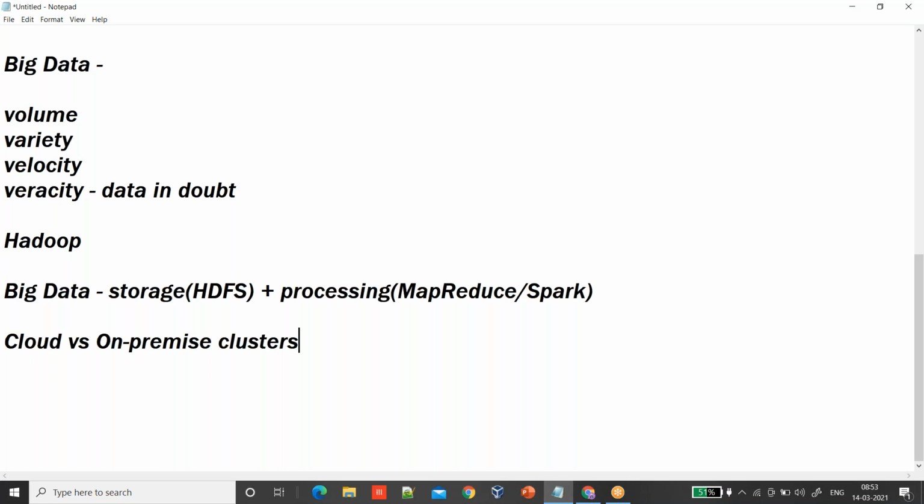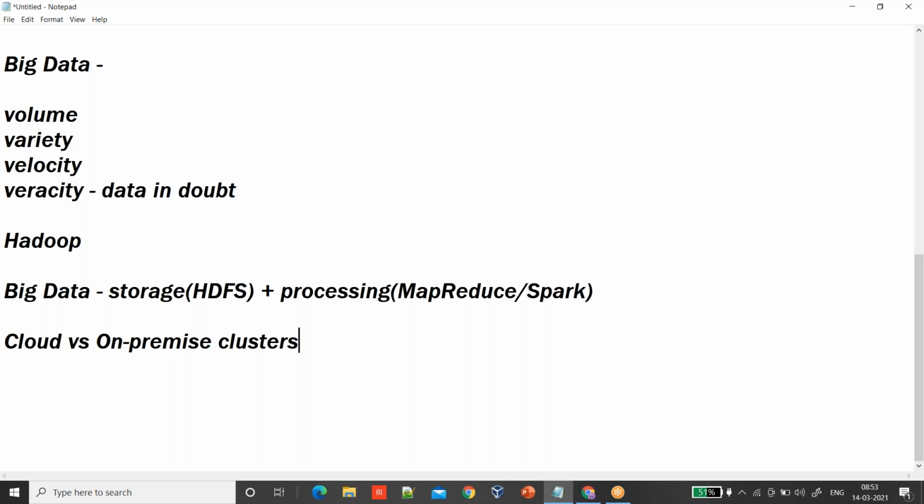So you go and procure some infrastructure, access that infrastructure using a web portal, and then develop and deploy your applications in that infrastructure. So this is how cloud would help you guys.